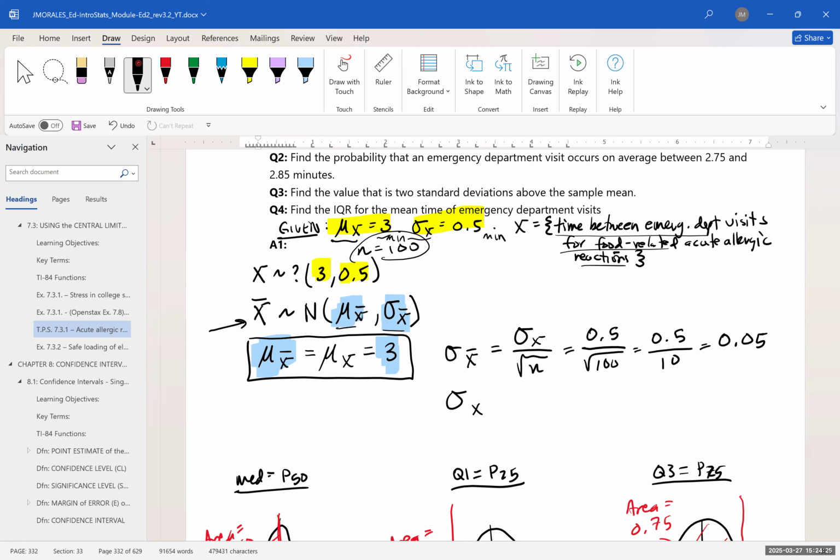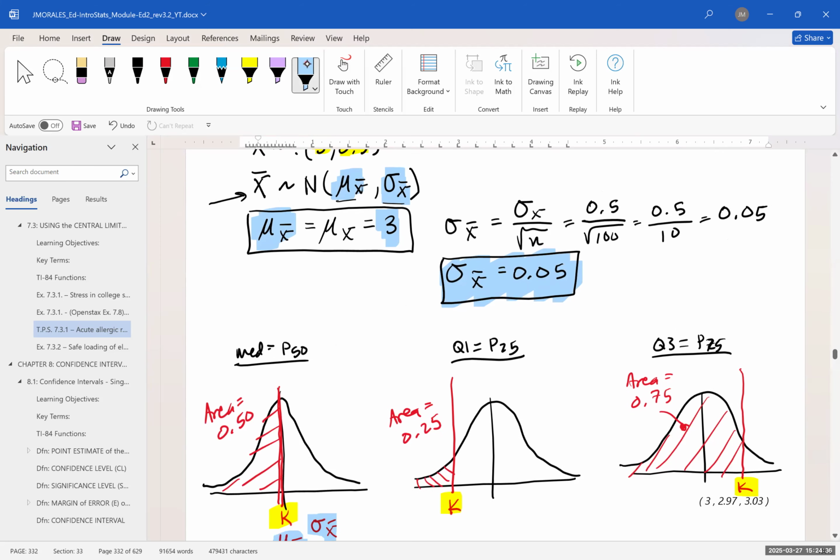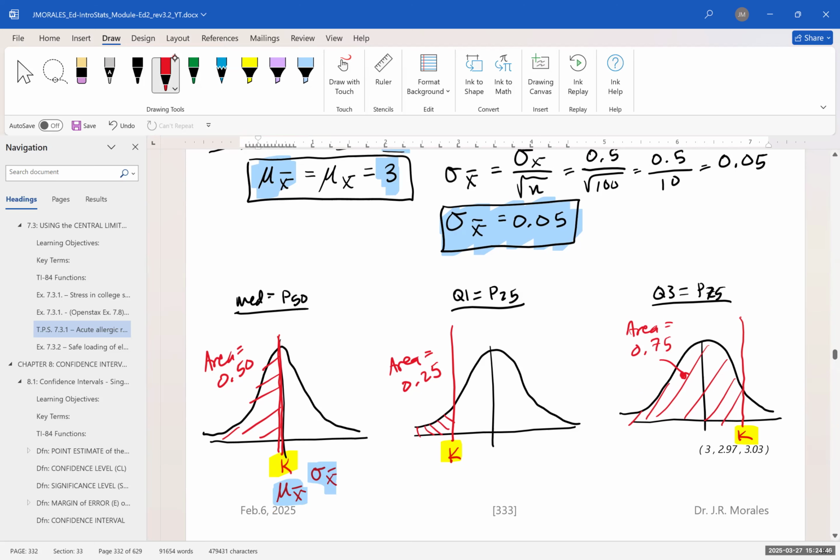So sigma capital X bar is 0.05. And that's the second value we need in order to calculate these values of k in each of these quantities. In all three of these, we've been given an area, and from this area we have to calculate a value.